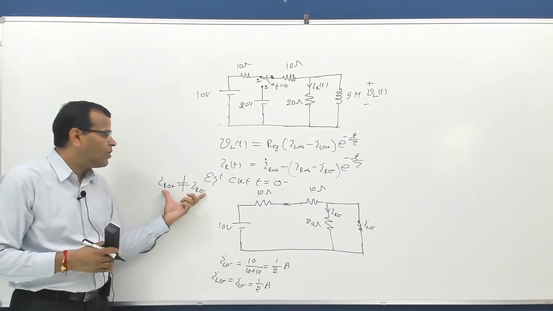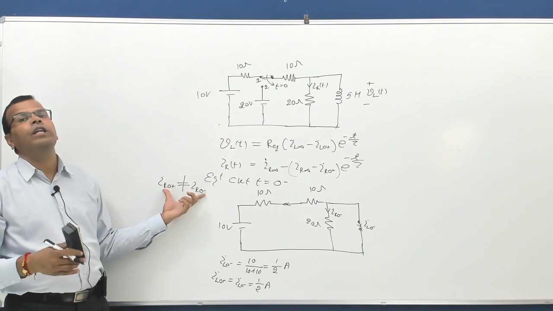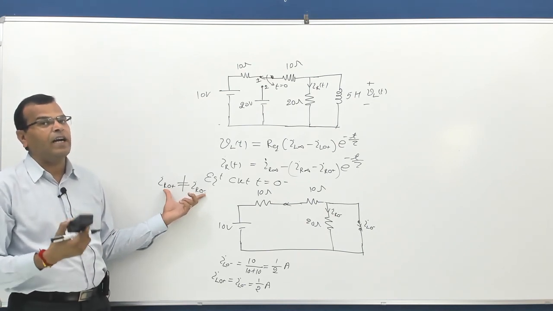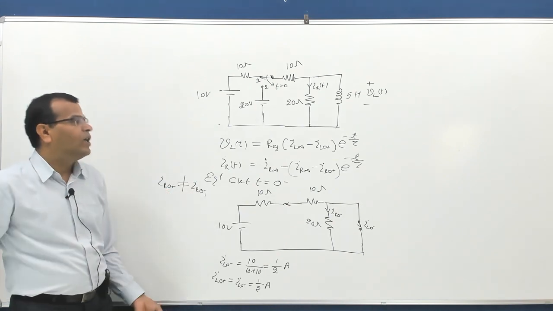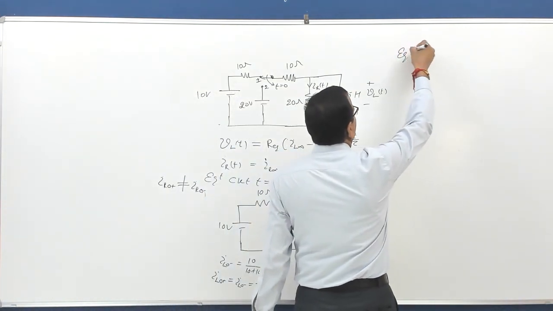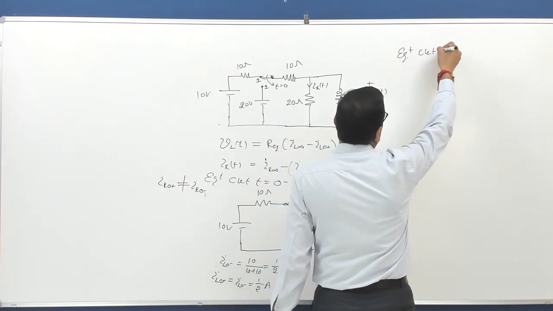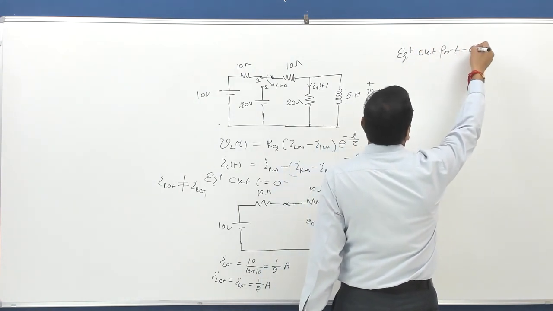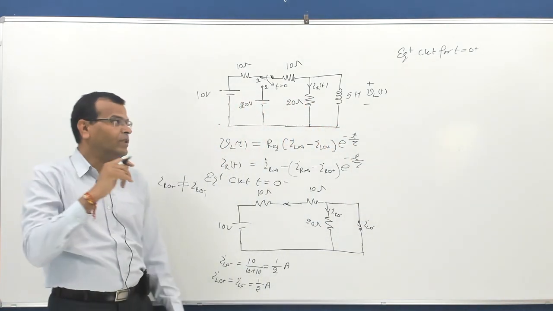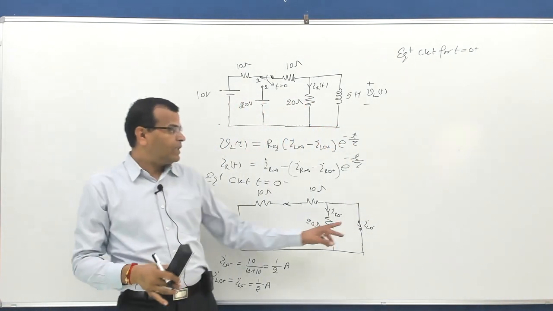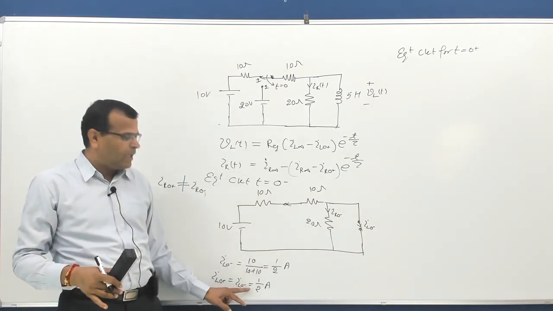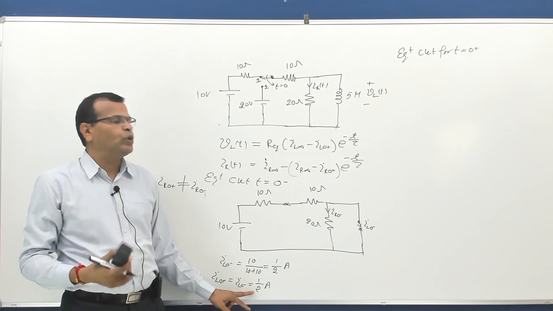I have to draw the equivalent circuit for t equal to 0 plus for obtaining the current through the resistance at t equal to 0 plus. So let us see how to draw the equivalent circuit for t equal to 0 plus. Remember, I told you current through the inductor cannot change instantaneously. So I have seen IL 0 plus is same as IL 0 minus, and that is 1 by 2 ampere.